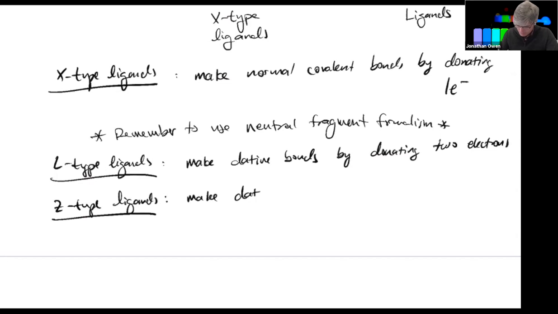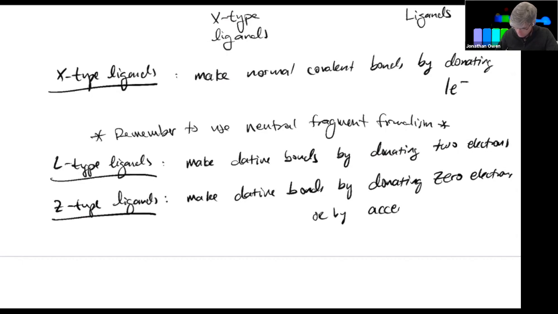They make dative bonds also, Z-type ligands, but they don't donate electrons, they accept electrons. Okay, so 3 different kinds: 1 electron, 2 electrons, or 0.